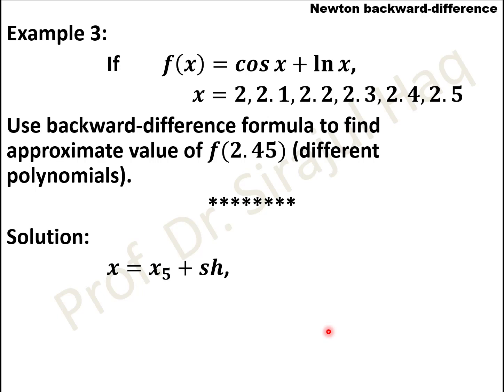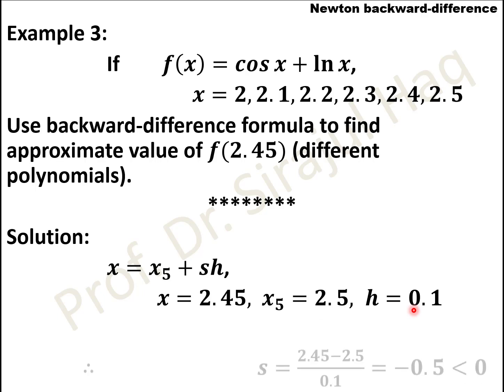Now let's find out the value of s. So if I solve this equation, I identify the values. This is the value of x, 2.45, x0, x1, x2, x3, x4, x5. The value of x5 is 2.5, which you can see over here. Step size is 0.1.